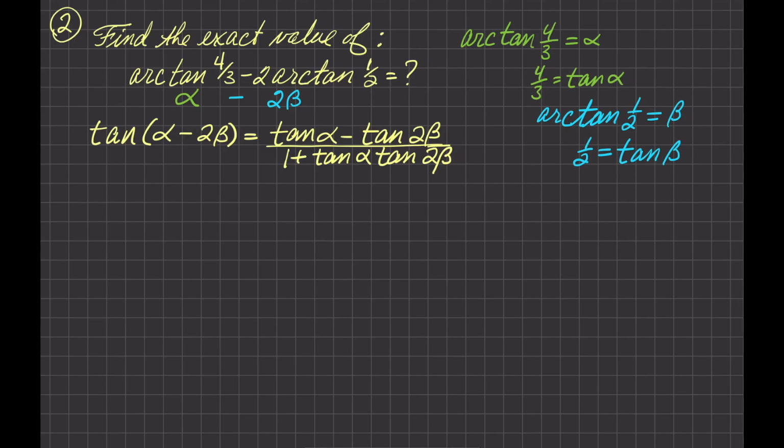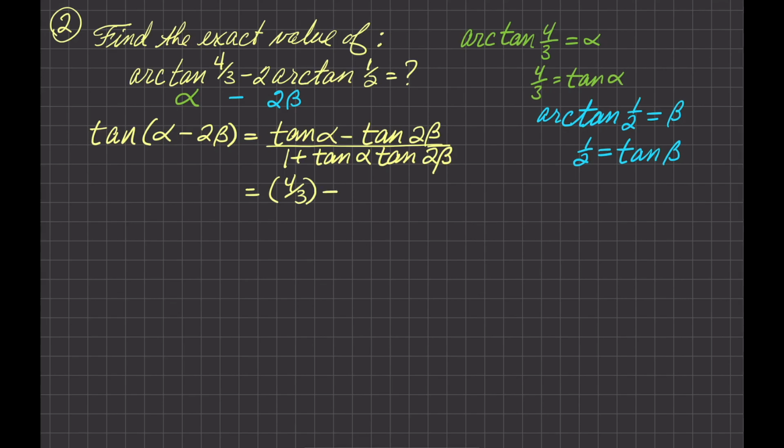Now, what's working well for us here is that if we see this arctan of 4/3 minus 2 arctan of 1/2 as a difference of angles, and we turn to that difference identity for the tangent and look at what it's asking for, we can see that we can work with the tangent of alpha, which is equal to 4/3. So let's go ahead and put that in here.